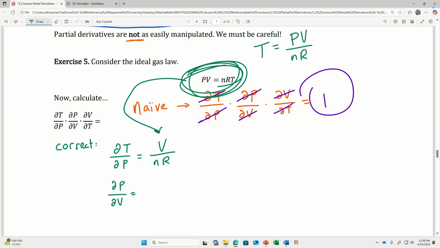Well, using this, I would say that pressure is moles times constant R times temperature divided by volume. So the partial of pressure with respect to volume would be negative nRT over V squared.